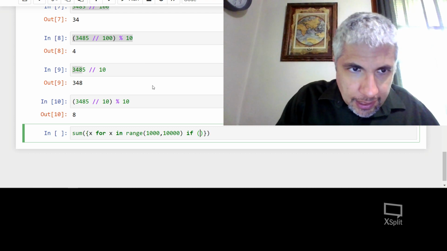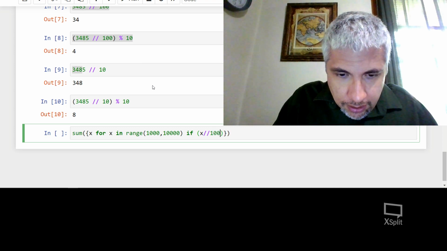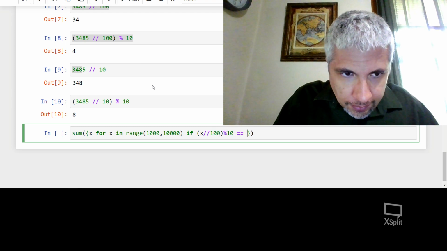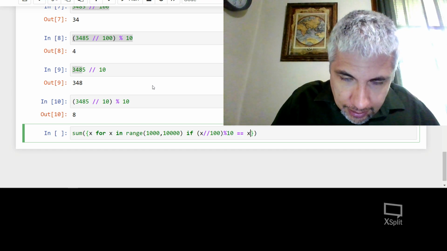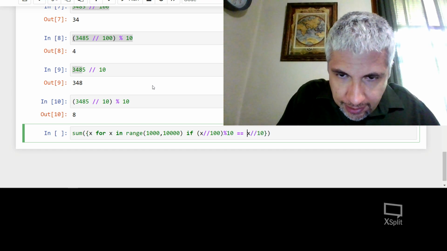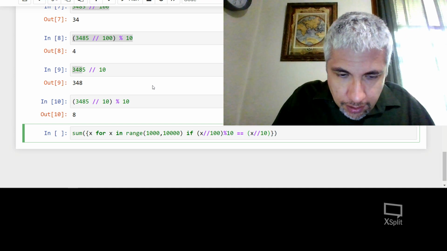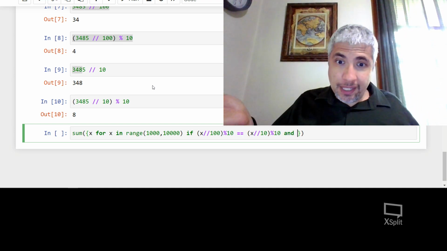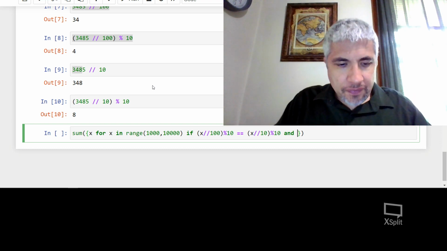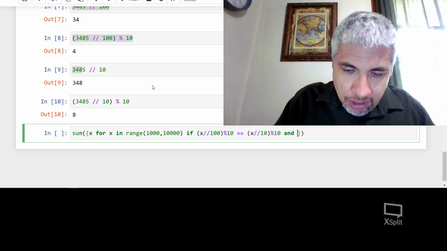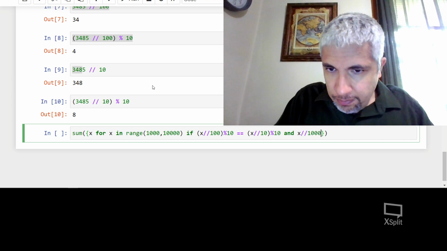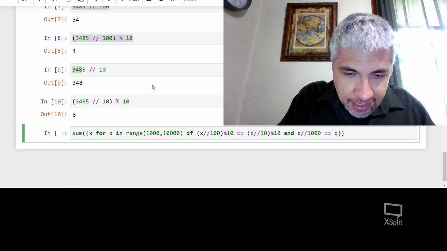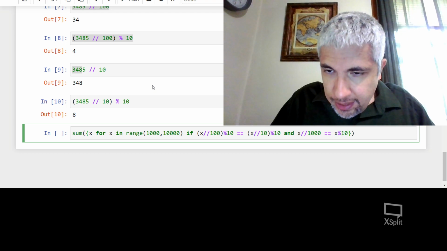So that's going to be x integer divide 100 mod 10 has to equal x integer divide 10 mod 10. But I also need the outside digits to be the same. But those are easier, because in order to get the left digit, I'm just going to take x divided by 1,000. And in order to get the right digit, I'm just going to take x mod 10.